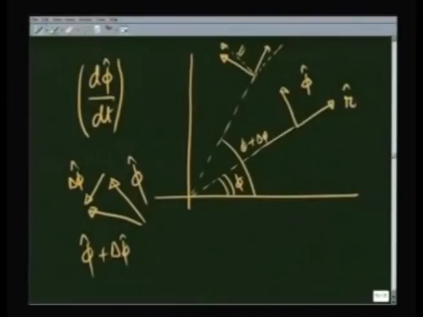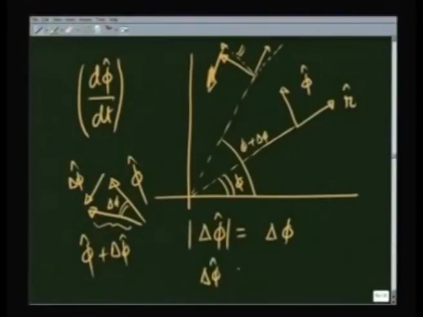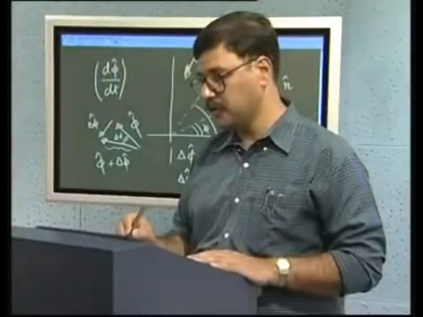You can already sense that this is in the radial direction, but pointing the other way. So, this angle is delta phi, this magnitude is 1, so the magnitude is going to be equal to delta phi itself, and the direction is in the direction of r, but in the opposite direction. So, minus delta phi r.